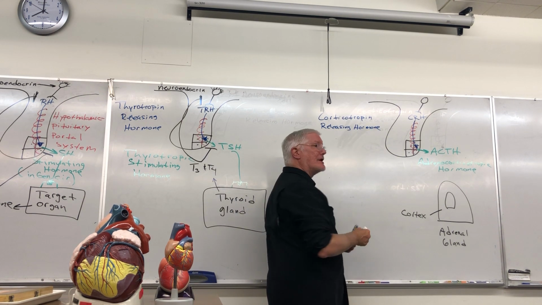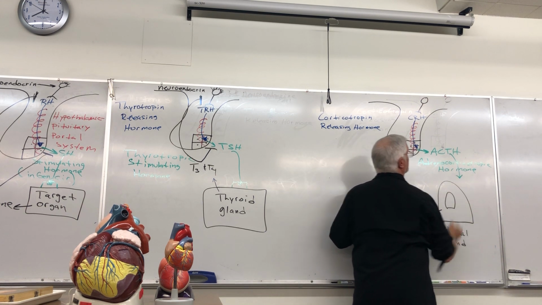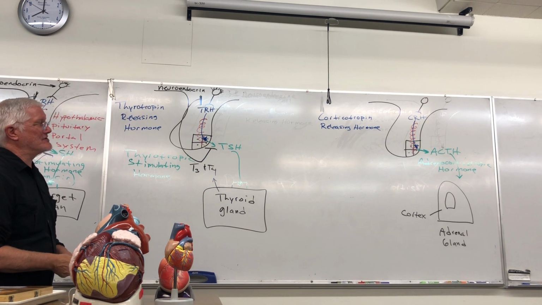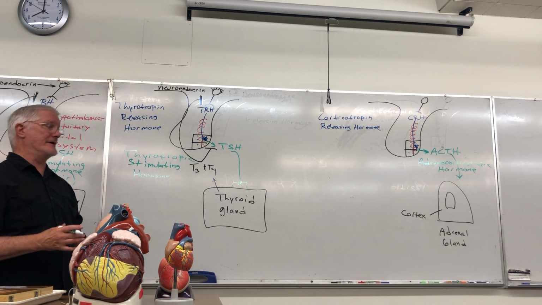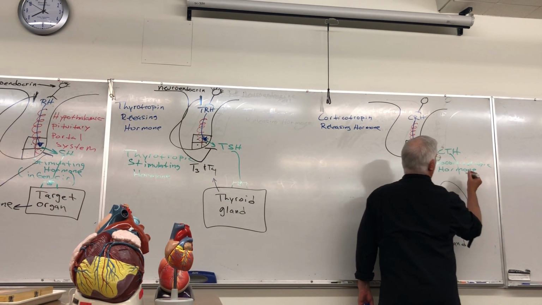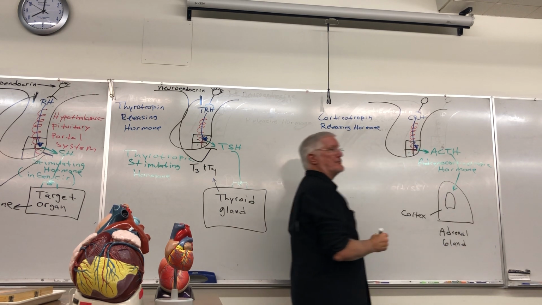So here's where you can lose a point. You do this. That to me says that maybe ACTH goes to the entire adrenal gland, right? That's not accurate. So don't do that. You need to show that it's going to go to the cortex. That's where it goes.